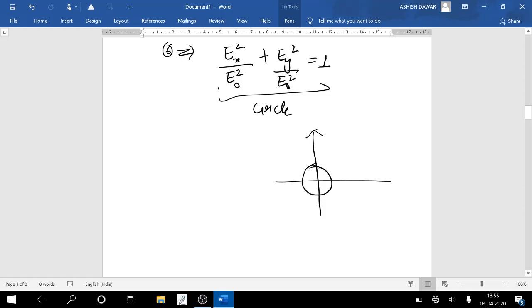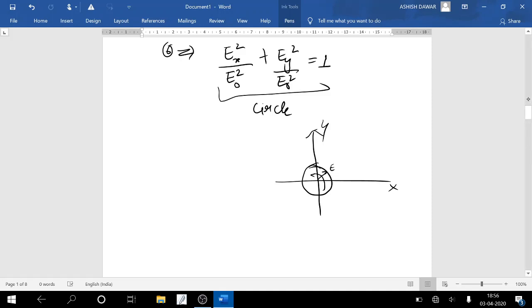So this is a circle. Okay, so this is a circularly polarized wave. This is the x direction and this is the y direction. Okay, so this is the electric field of a circularly polarized wave.